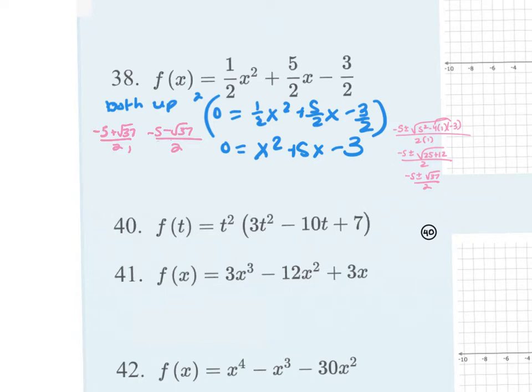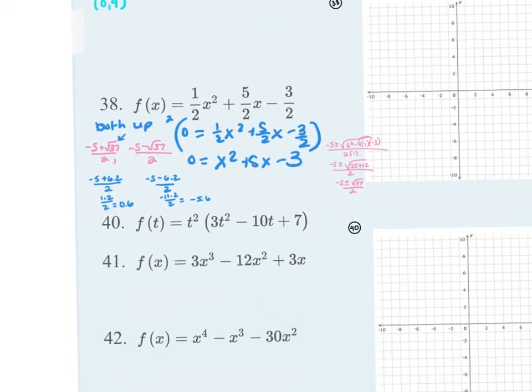When I go to graph them, however, I have to approximate that root 37. So let's say this is like 6.2. -5 plus 6.2 would be 1.2, divided by 2 and I get 0.6. -5 and -6 and -11.2 divided by 2 and I get -5.6.